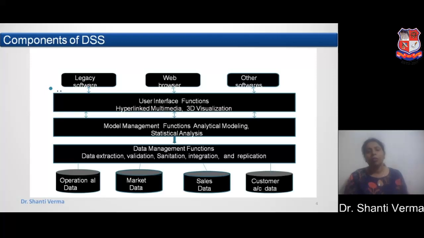And in the most upper layer, there are legacy softwares, web browsers, and other softwares that are used for user interaction. For any customer, the top to bottom approach is used for any decision support system.